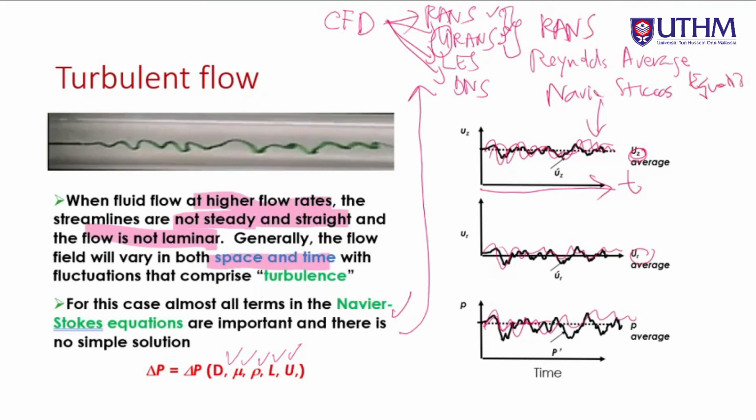And dia apply this Navier-Stokes equation, in which dia akan average this value, the velocity value and pressure value, so that we can proceed with further discussion on this part.